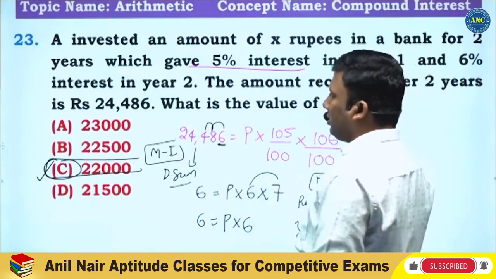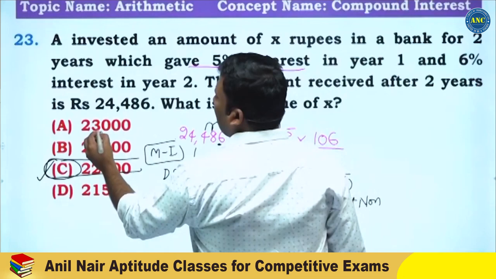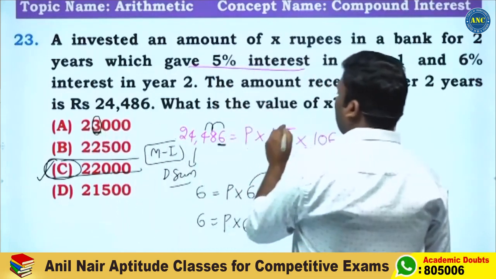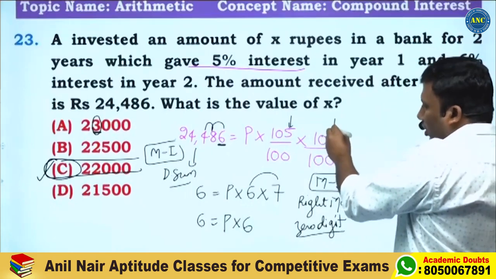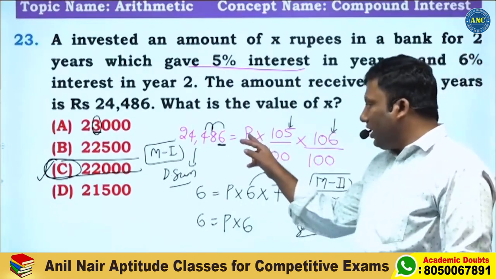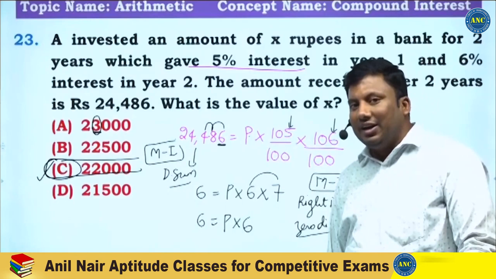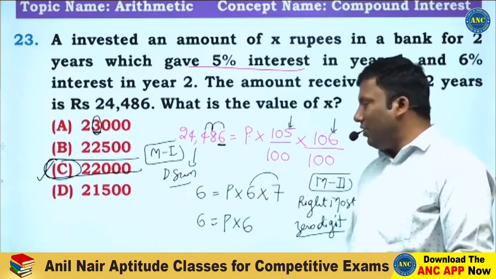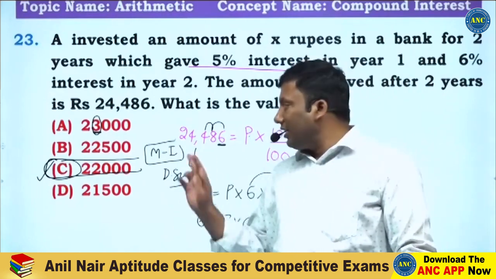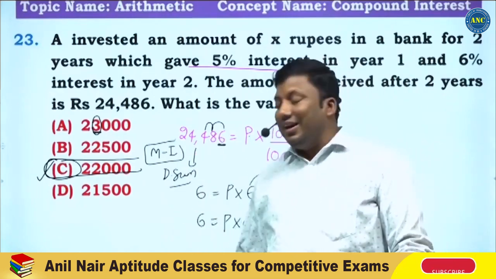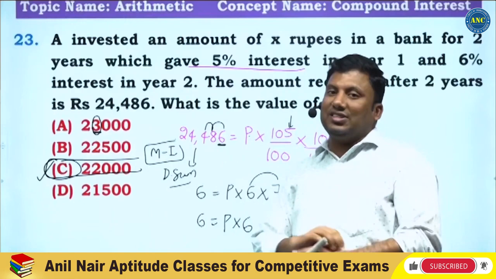Suppose if I take 3, the rightmost non-zero digit is 5. 3 5s are 15, the rightmost non-zero is 5. 5 6s are 30. The rightmost non-zero digit is coming 3, but I want 6.